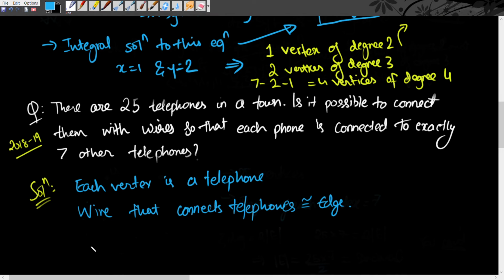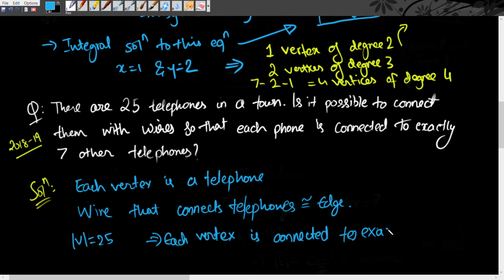So in your graph you have 25 vertices, and it has been given that each vertex is connected to exactly 7 other vertices.